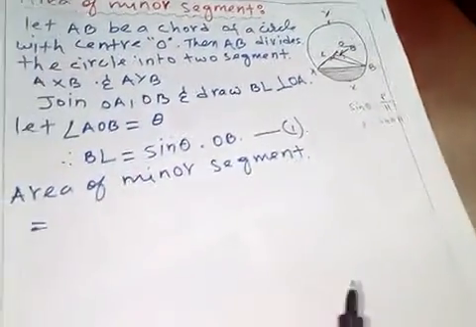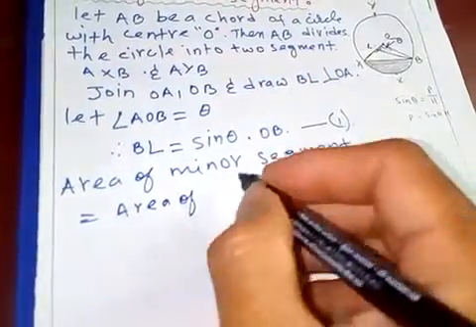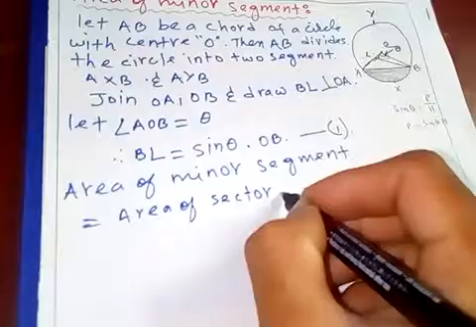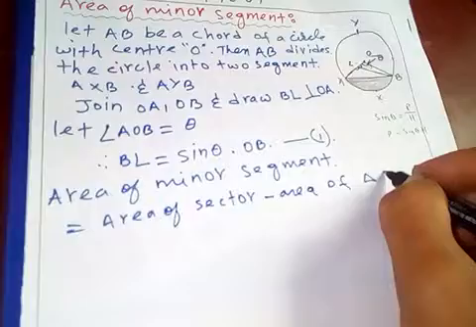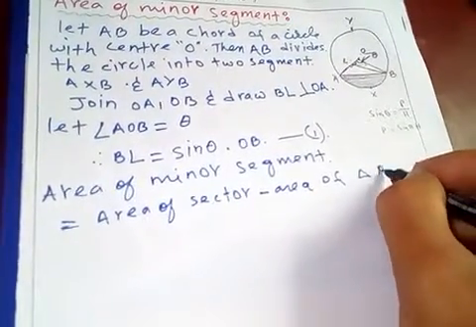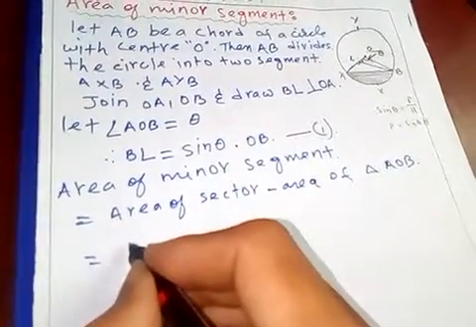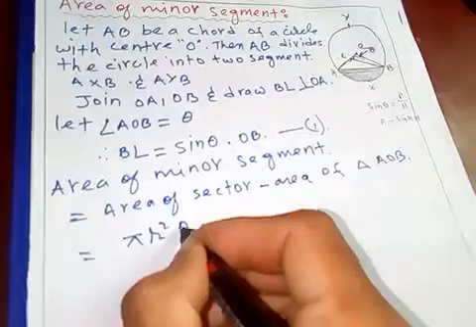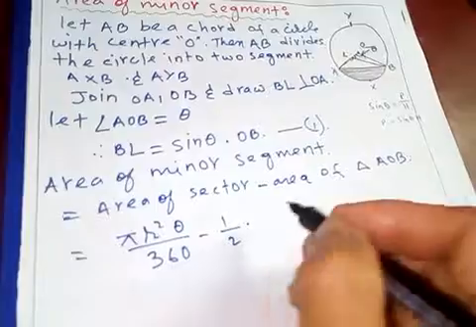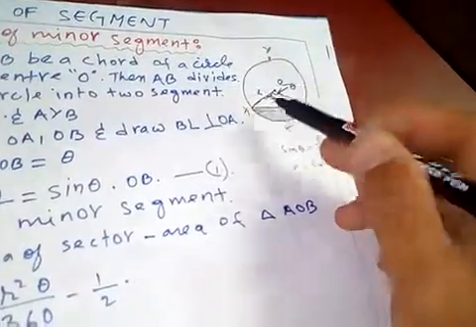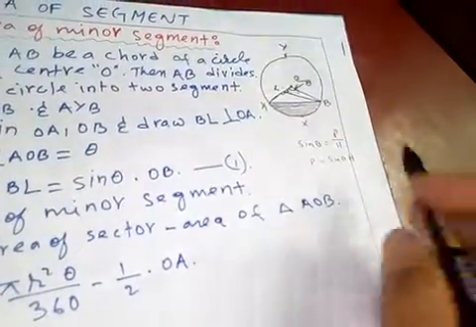Doing so, area of minor segment equals area of sector minus area of triangle AOB. The area of the minor sector we know is pi r squared theta over 360, minus the area of the triangle, which is half into base, and the base is OA, and the perpendicular is BL.